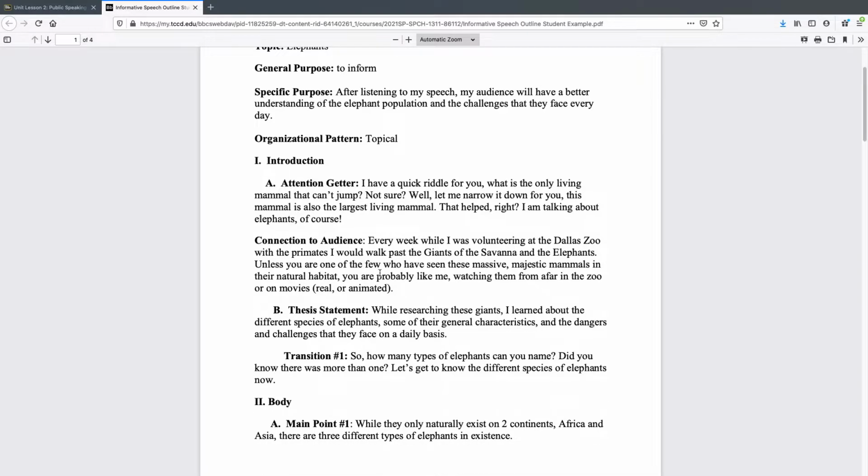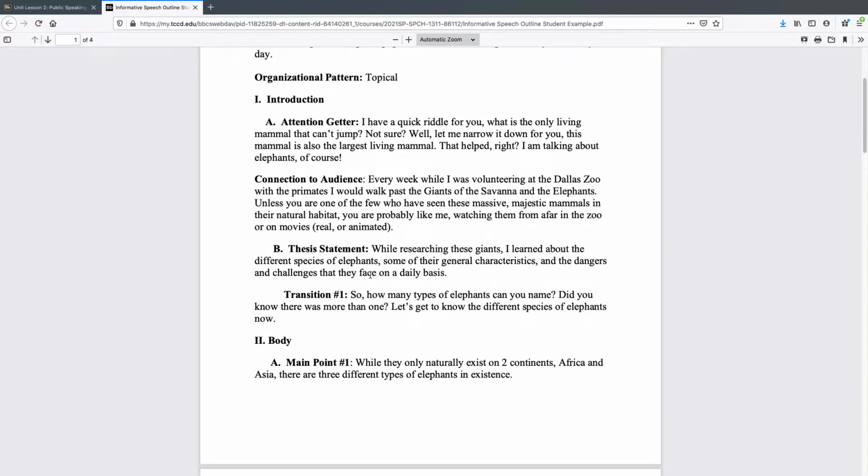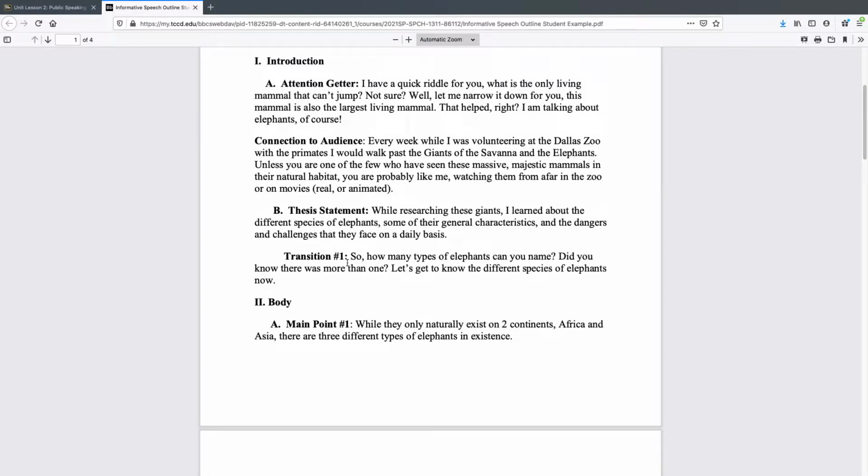Then the student included their connection to audience. They included their thesis statement, and in the thesis statement, they included the 3 main points that they will be talking about throughout their presentation. So here they have a transition, how to open it up before they go into their main point.